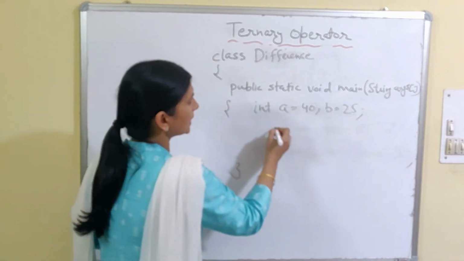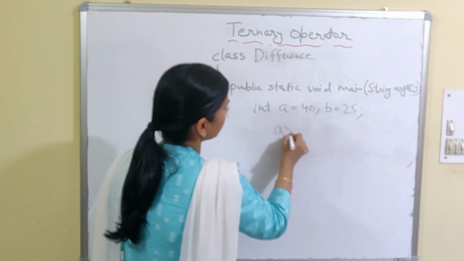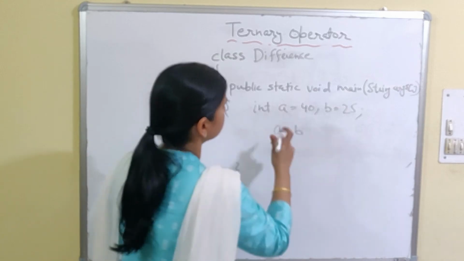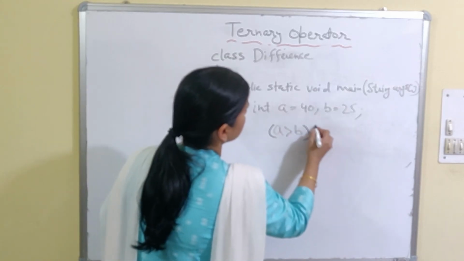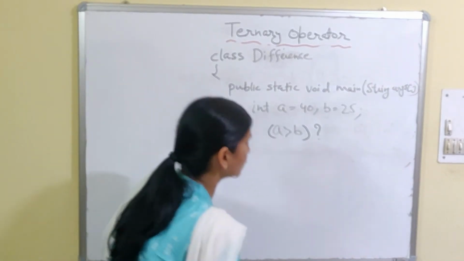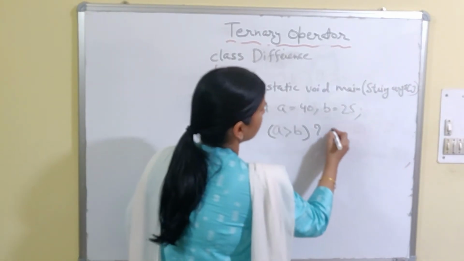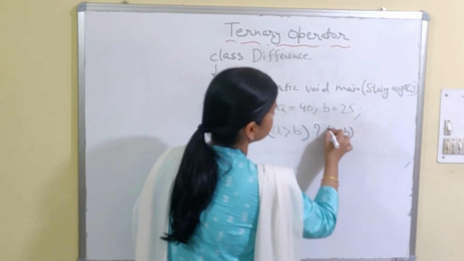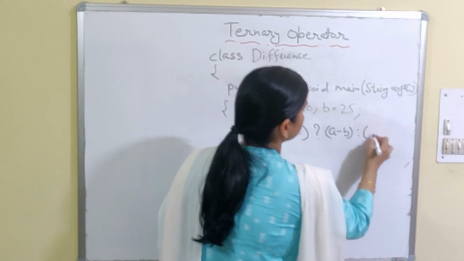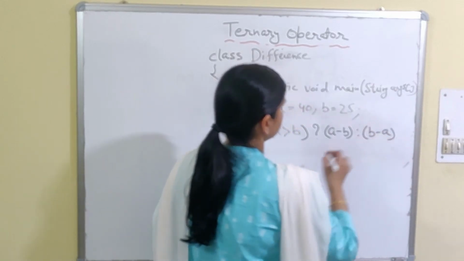Now the condition is A greater than B. If this condition is true, then A minus B, otherwise B minus A.